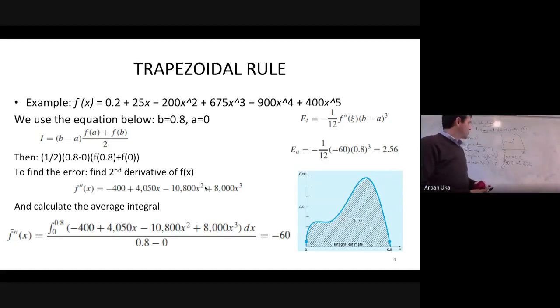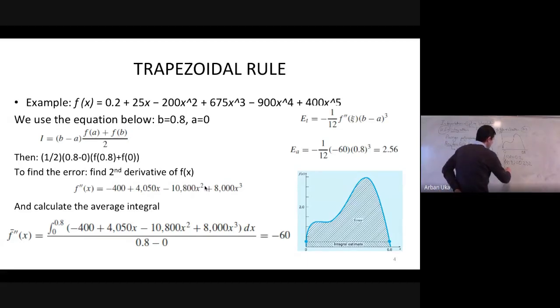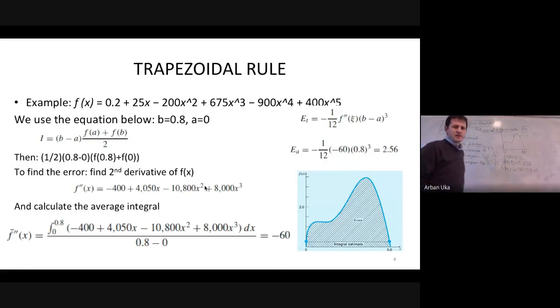So we have these 2 values, and then we have also the width, which we call here h, equal to b minus a. So this is the width of the segment, and it's equal to 0.8 minus 0. This is all that we care about. Okay, so we substitute all the values here, and we find that the answer is equal to 0.1728.